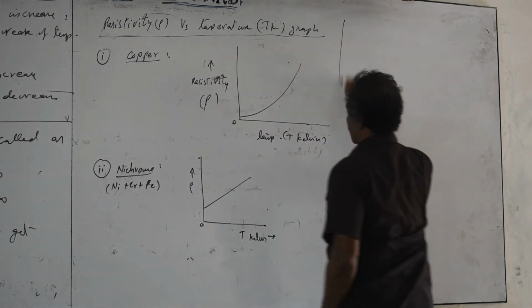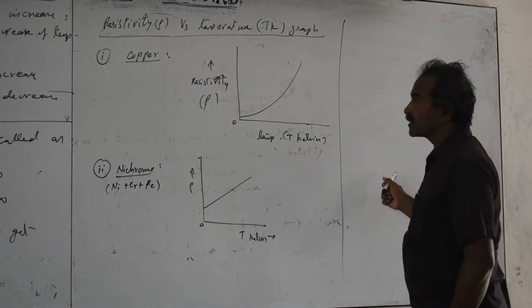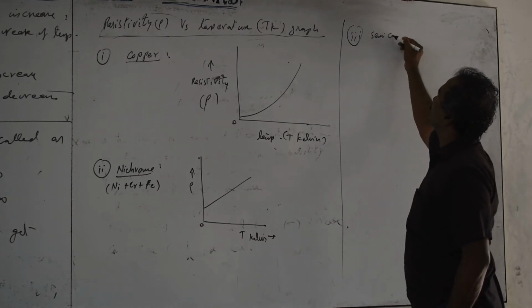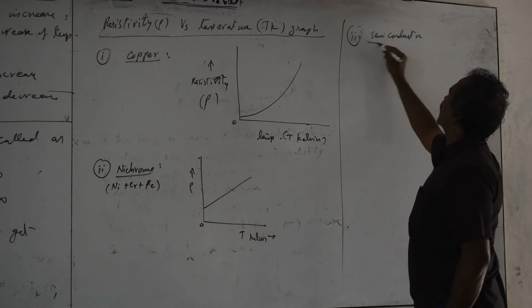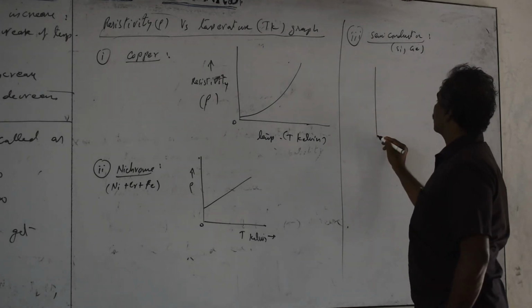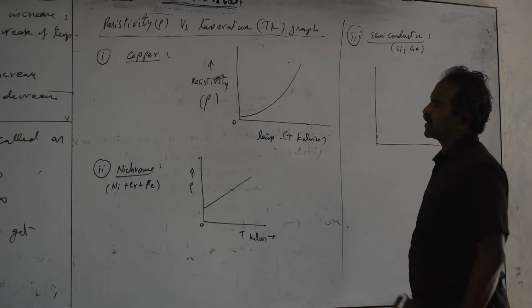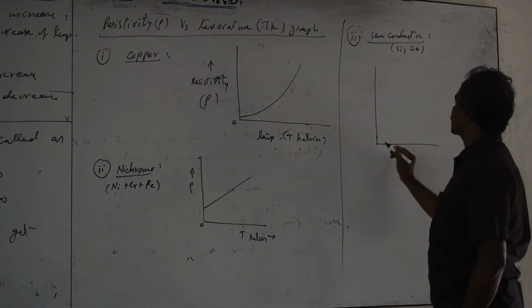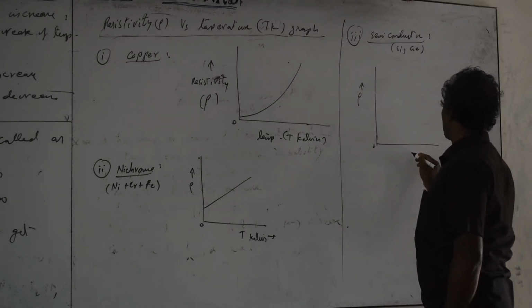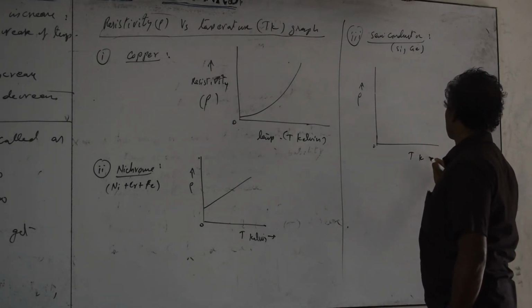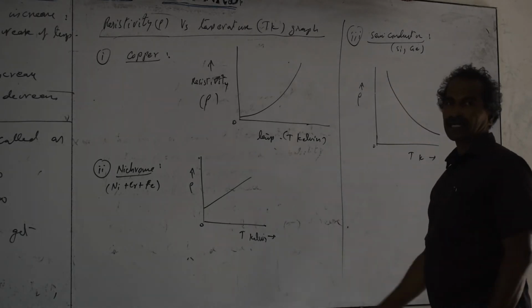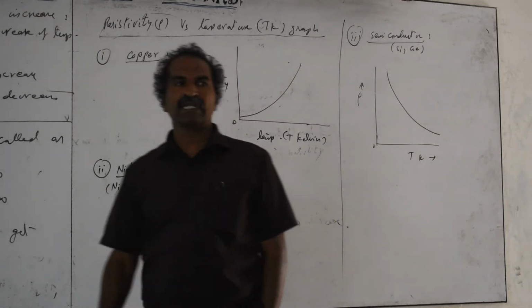The third is semiconductors. For semiconductors like silicon, germanium, this graph is repeatedly asked in NEET, a very important graph. This is resistivity and temperature in Kelvins. The nature of the graph they don't ask, they only ask the diagram.